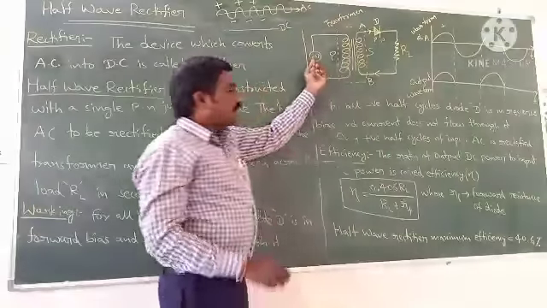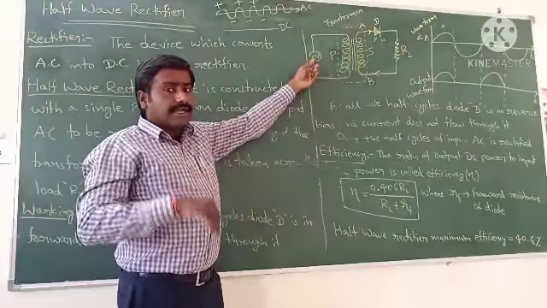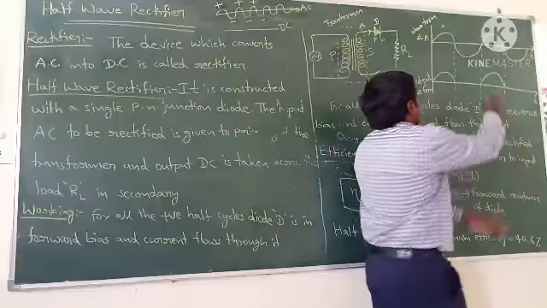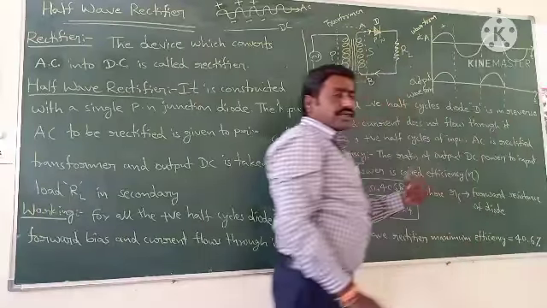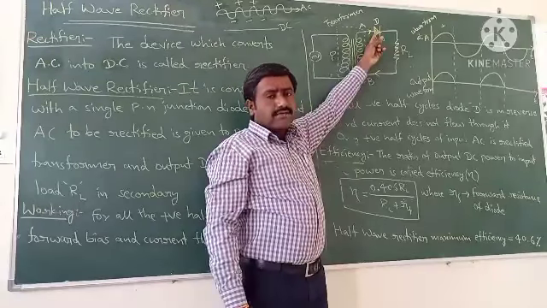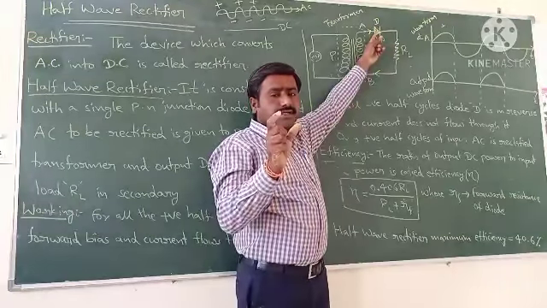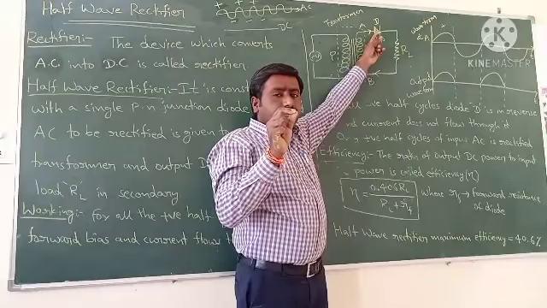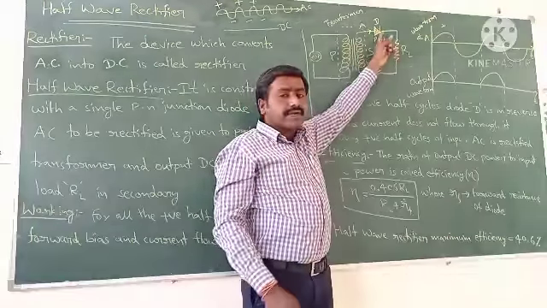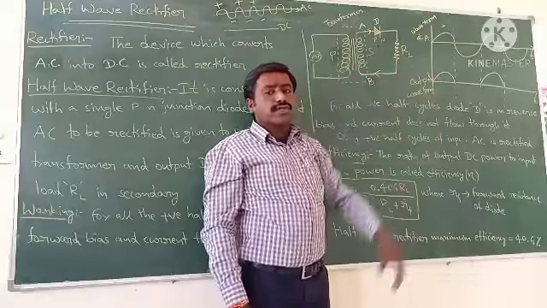Then immediately after the positive cycle, which cycle comes? The negative cycle comes. This is a negative cycle. For a negative cycle, the diode is in reverse bias. Reverse bias means in a semiconductor diode, the P-type semiconductor is connected to the negative terminal of the battery and the N-type semiconductor is connected to the positive terminal of the battery.